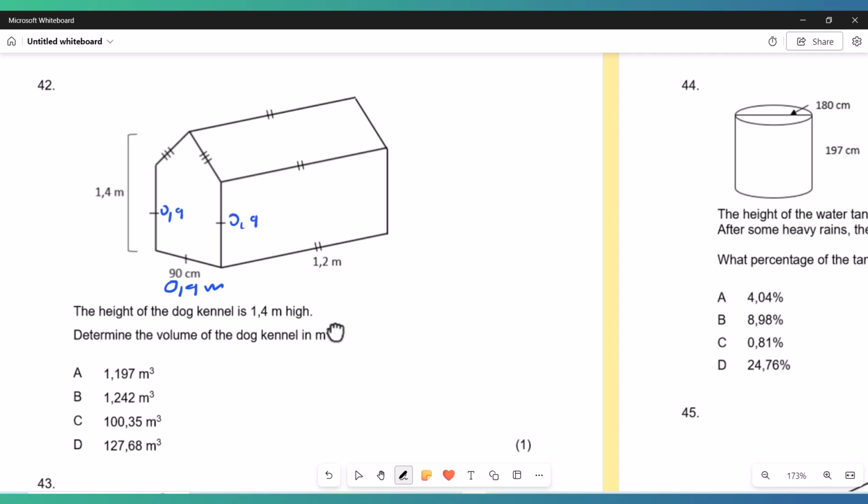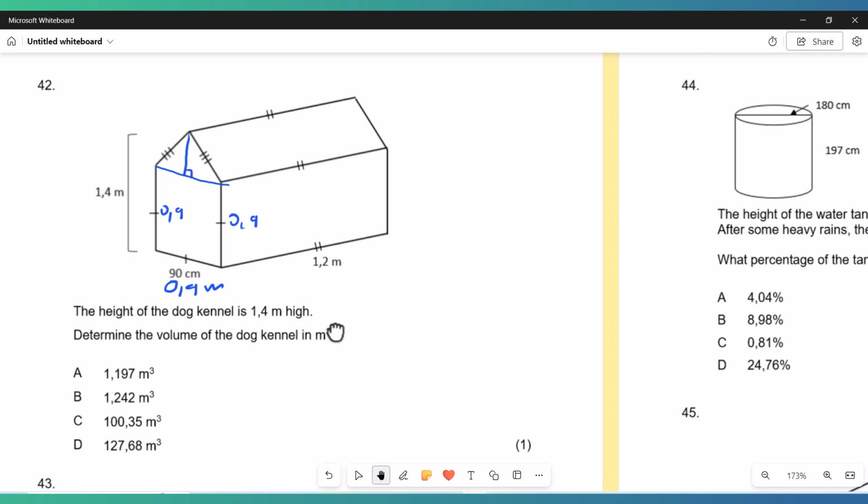So then that one goes like this, 0.9 here up to here. Then they want the volume for the dog kennel. Now to have the volume, because this one is 0.9, our perpendicular height to the top, with the base, we're going to say 1.4 minus 0.9, which gives us 0.5.